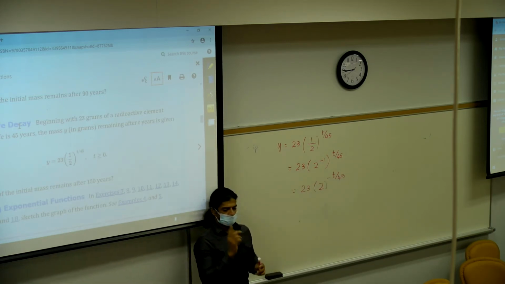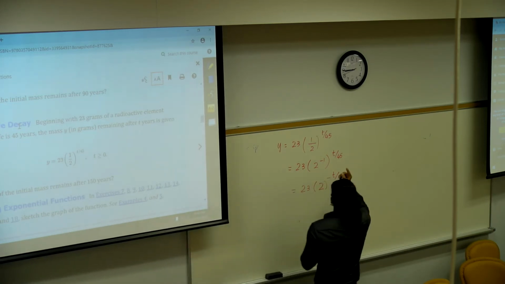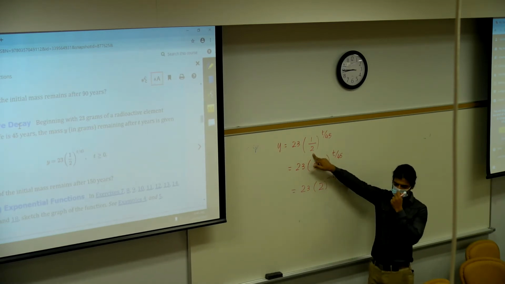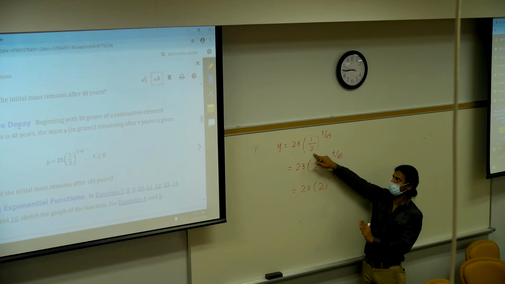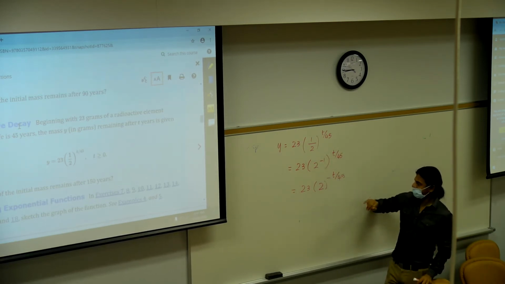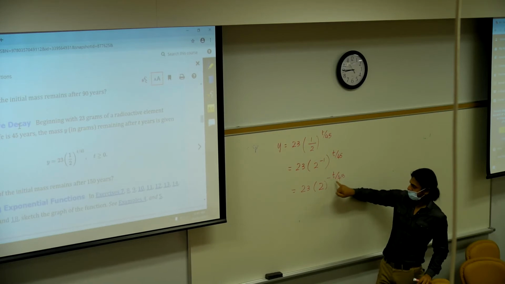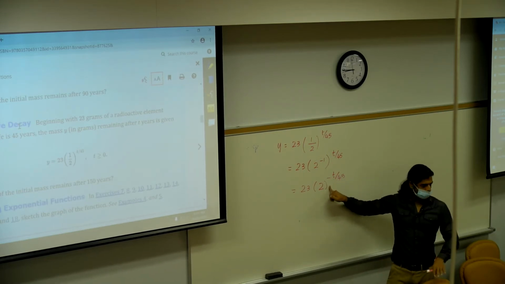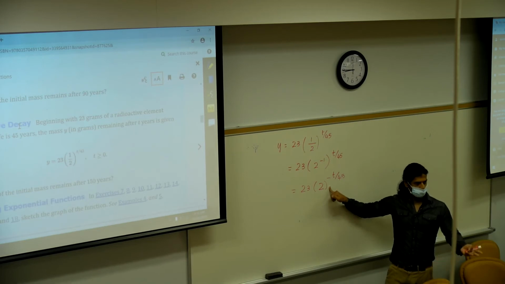Correct? So, the first approach is to look at the number inside the parentheses. If it is between 0 and 1, it implies decay. If you rewrite it, you can see that the negative gets carried over to the exponent, and that should tell you that's a decay also. Does that make sense?